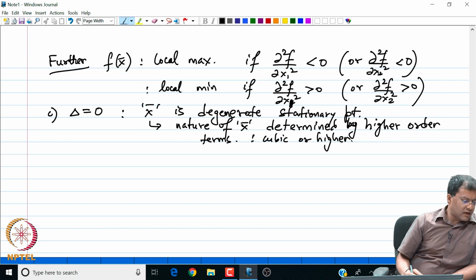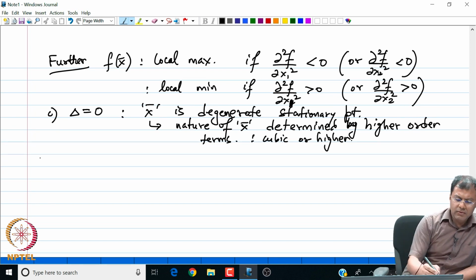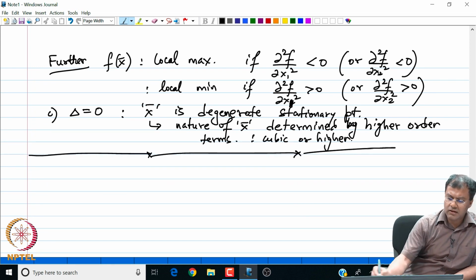So, we can continue our discussion for functions of several independent variables. I am just going to briefly state the result.